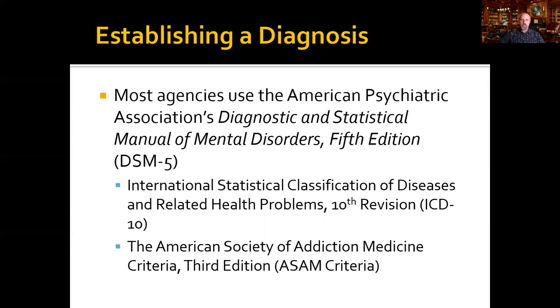They have slightly different criteria for how you diagnose a substance use disorder, but the DSM and the ICD-10 are the two that are used by 95% of the treatment programs that are out there, and I've never heard of a funder not accepting a DSM or an ICD-10 diagnostic.